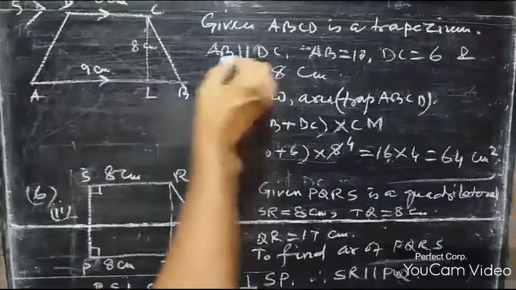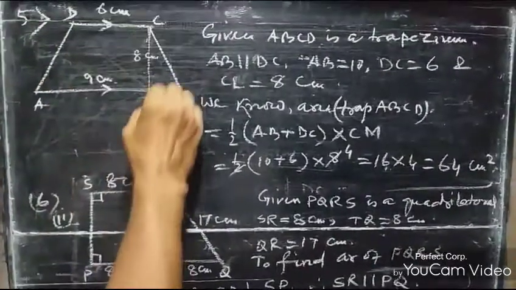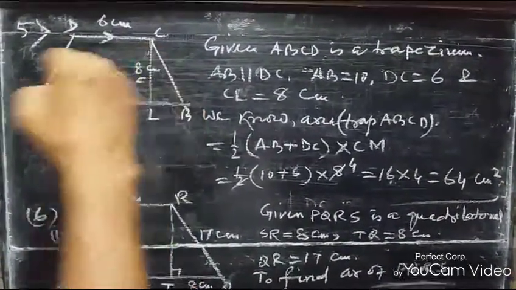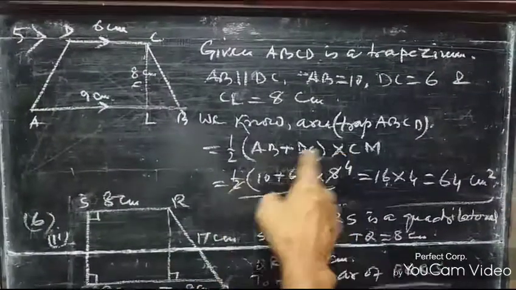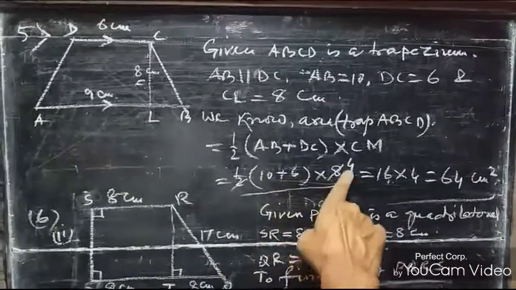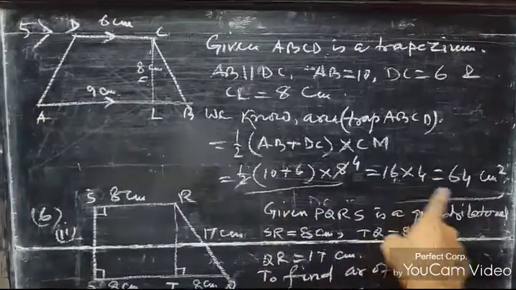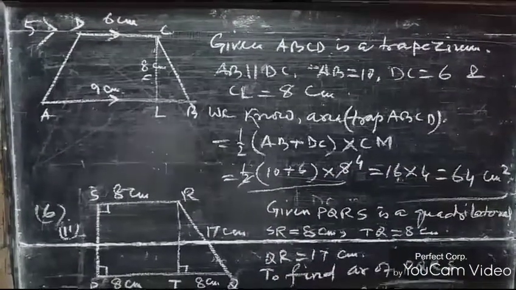So here AB is given 9, this is given 6, and CL is given 8, that is the height. Just putting all these values over here, we can find it out. Half into 10 plus 6 into 8, so it is cut off 4. This is 16 into 4, which is 64 centimeters square.